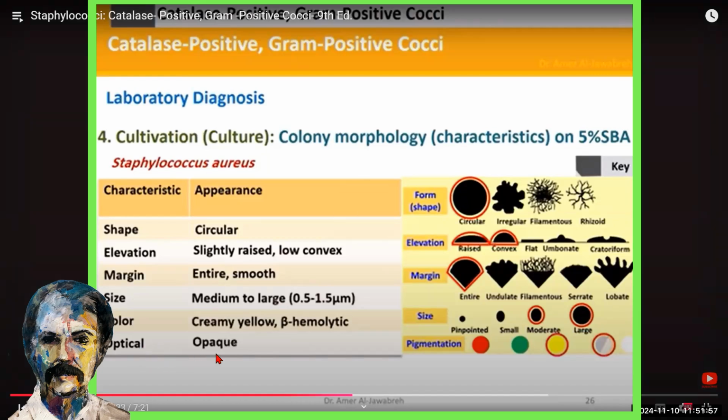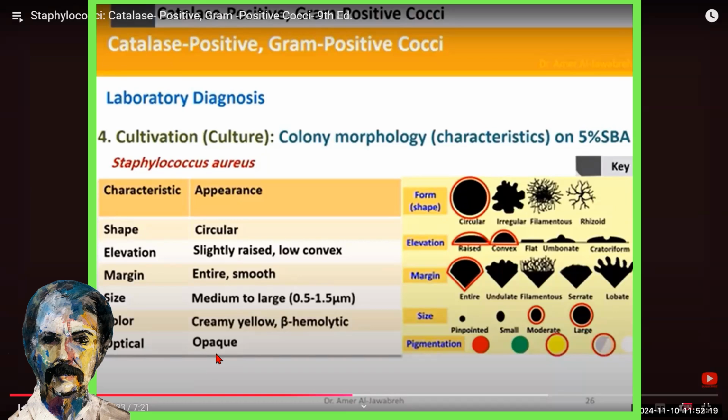Optical, opaque. Opaque means you can't see anything through. We have transparent, just like glass, you can see through, that's transparent. And you have opaque, and we have something in between, which we call translucent. You can see just a little bit. Here it's opaque, very dark.